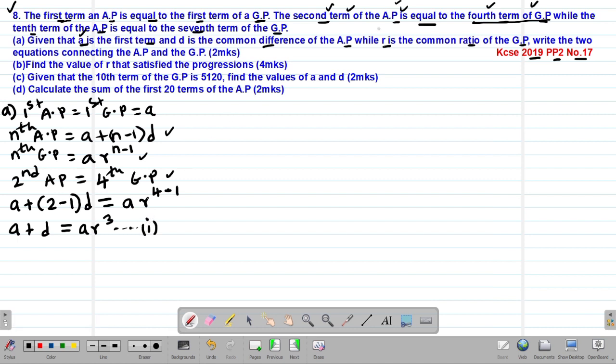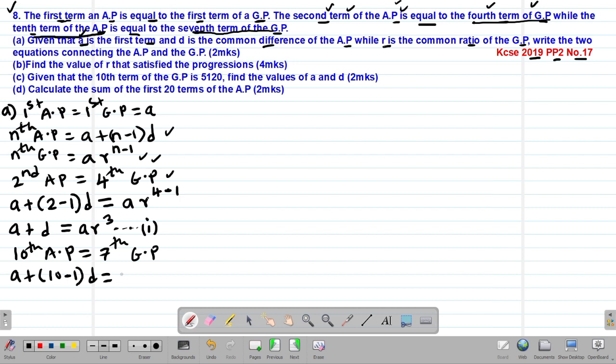Then we are further told that the 10th term of the AP is equal to the 7th term of the geometric progression. So the 10th term will be given by A plus, our n will be 10, then minus 1, close the bracket, multiplied by D. This one should give us the 7th term of the GP.